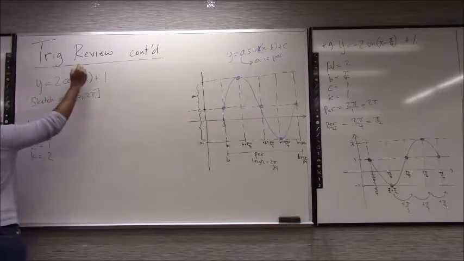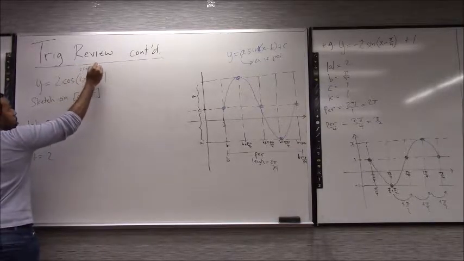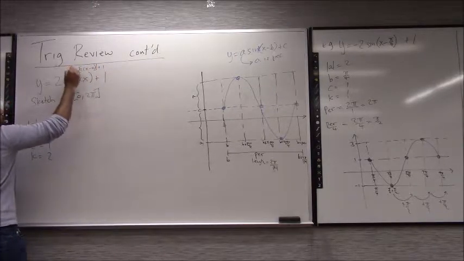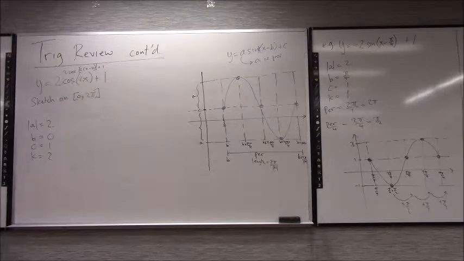Because you can factor, you can write this as 2 times x minus 0 plus 1, the cosine of that. Which means here the period is going to be 2 pi divided by the absolute value of 2, that's actually just pi.